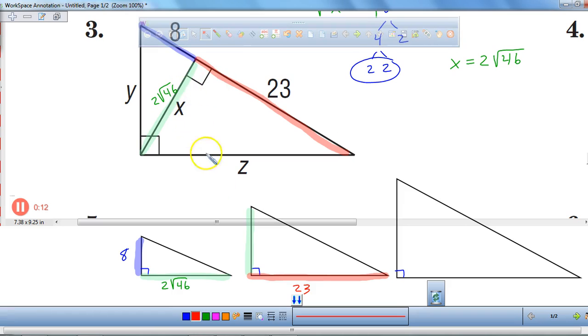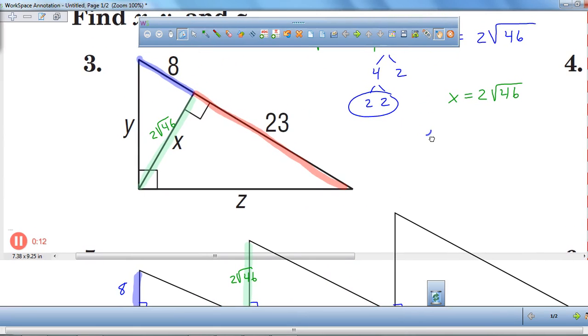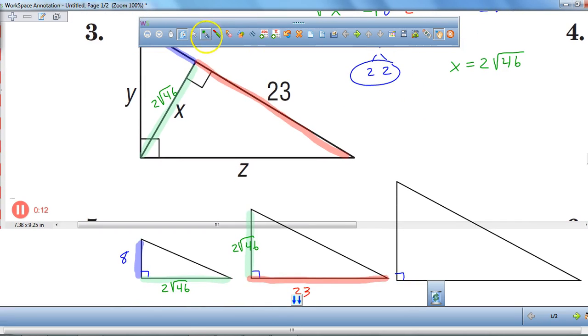Now, we have 2 radical 46, we have 23, we have the 8, we have the 2 radical 46 right here. And now we're going to look at what we have remaining. This distance right here, I'm going to highlight in a completely different color.